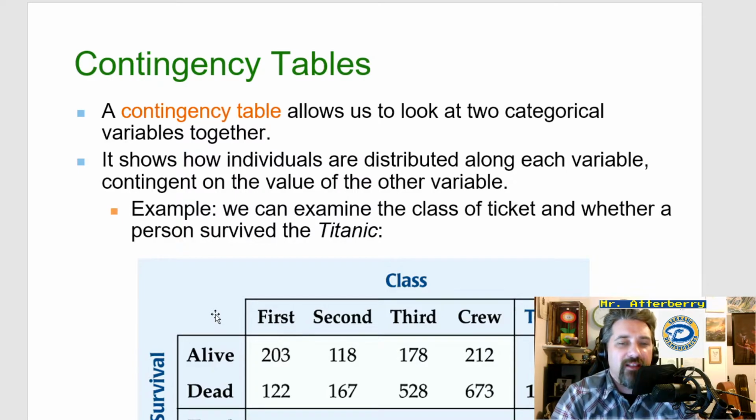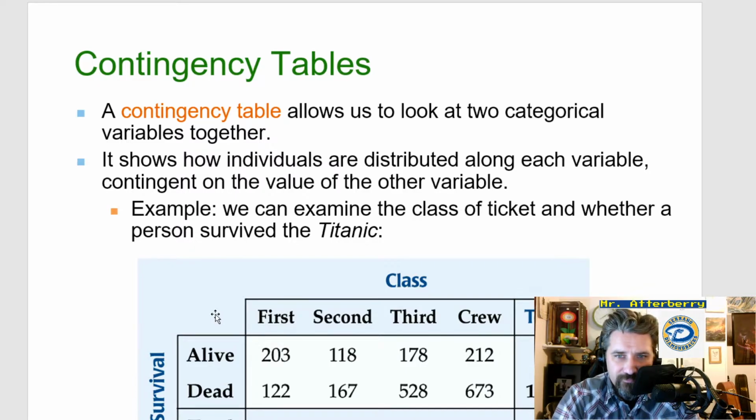Meaning, did half the first class ticket holders, half the second class, half the third class, and half the crew survive? Or did one class of ticket holder or crew have an advantage and a higher survival rate? These kinds of patterns might not be clear unless you do graphical displays with them.